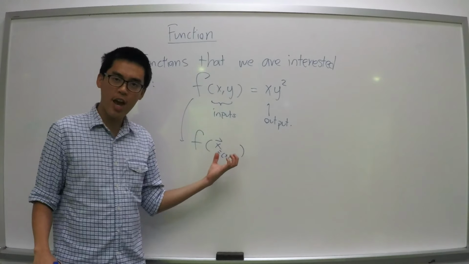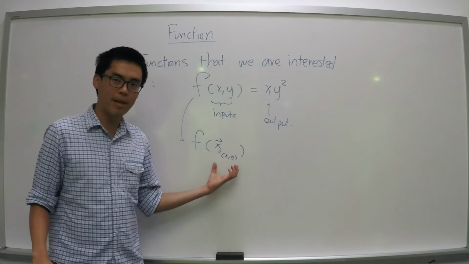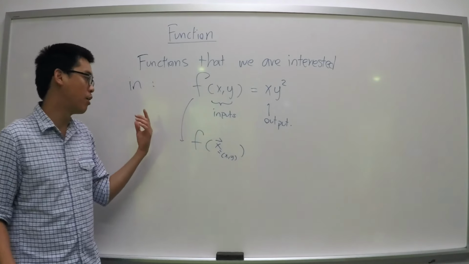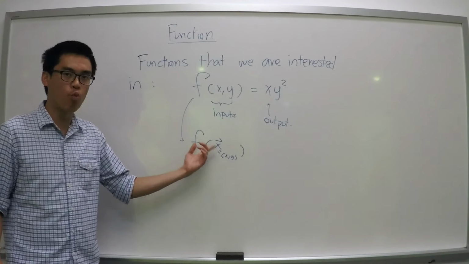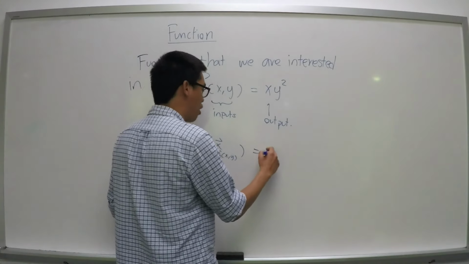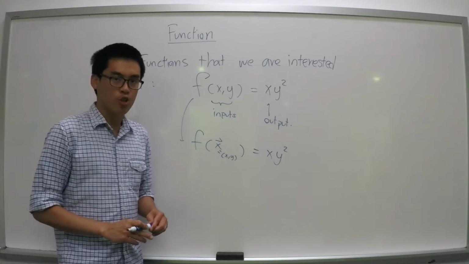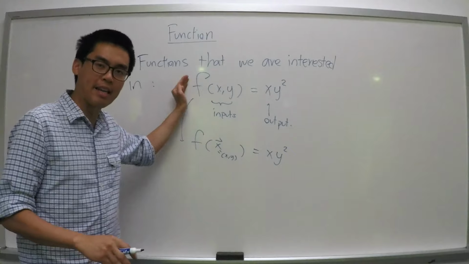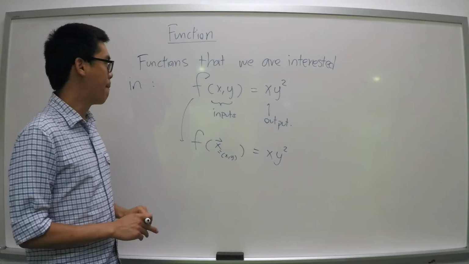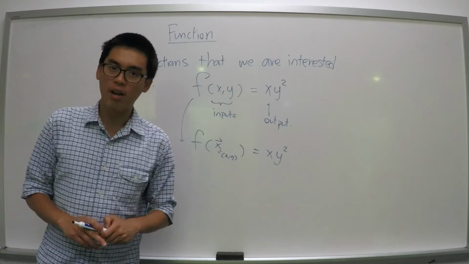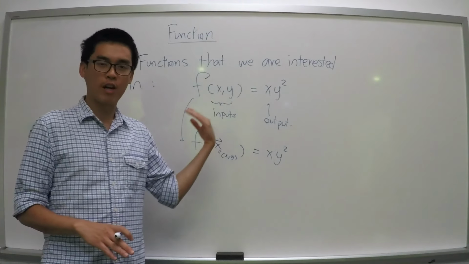Since a vector x has two components x and y, it makes sense to talk about f when you plug in one vector x and the output is xy squared. So we will use these two ideas interchangeably, and it's important to understand that we can view the function in both ways.